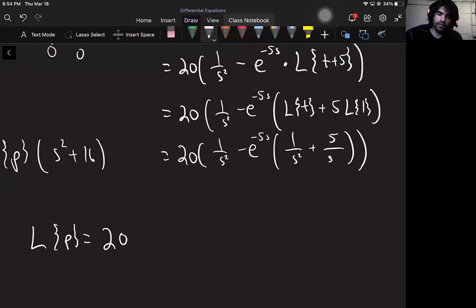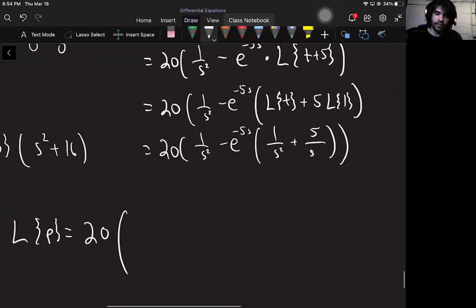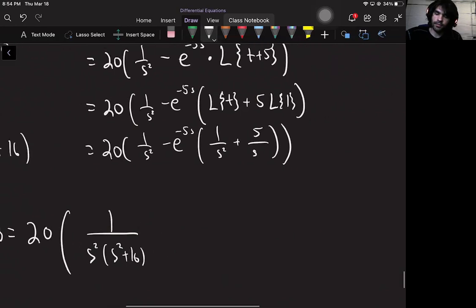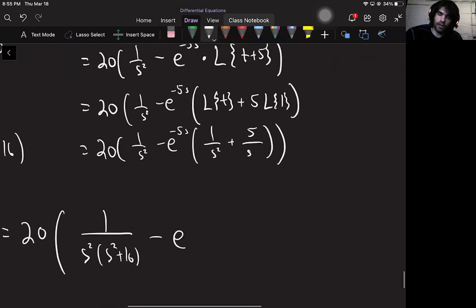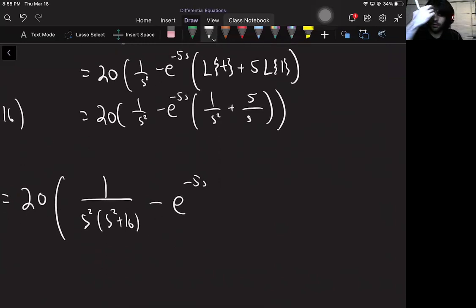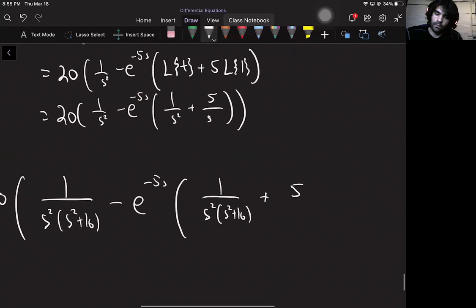I'm going to keep this 20 out in front so I don't have to worry about it, and then I'm going to stick the s squared plus 16 on each piece. And I'm going to keep this e to the negative 5s out because I know it corresponds to a shift and I like it to be in that form already. All I'm doing is dividing this into each thing.